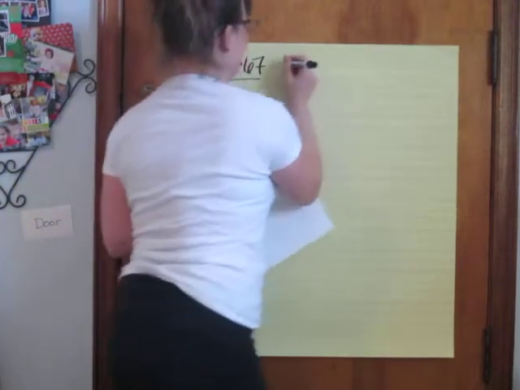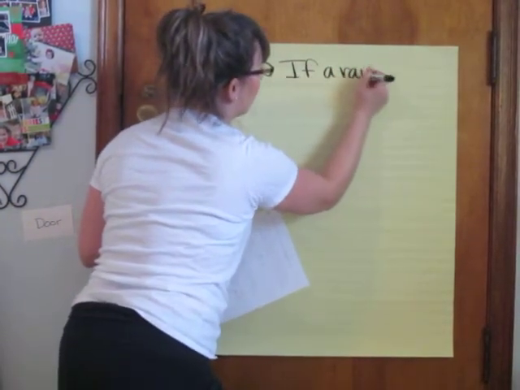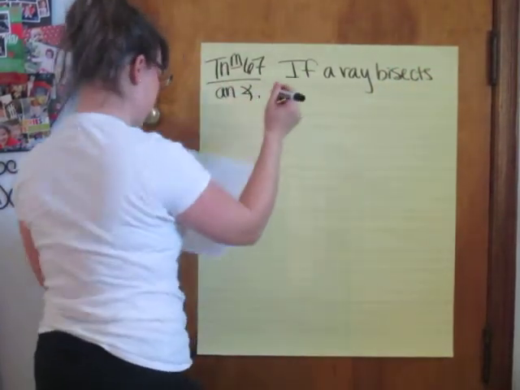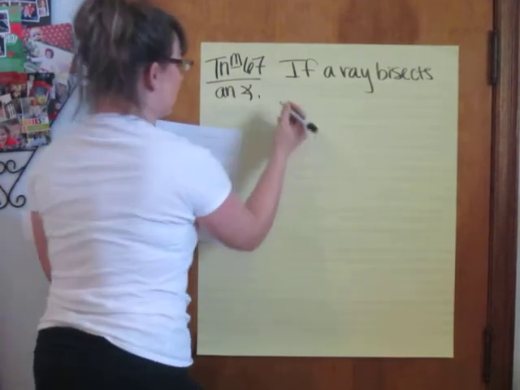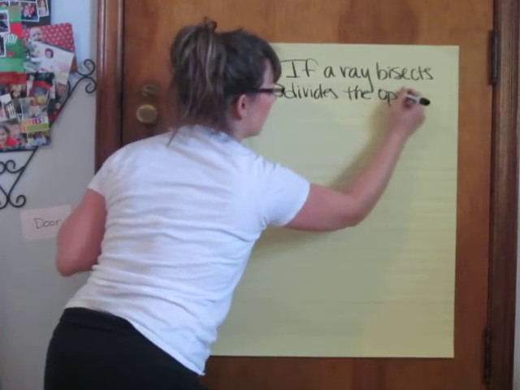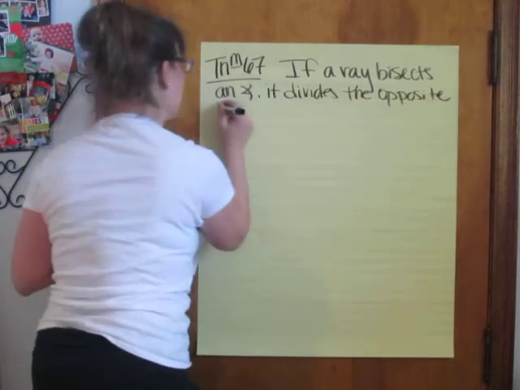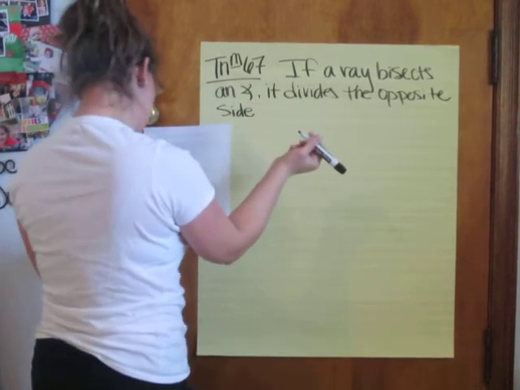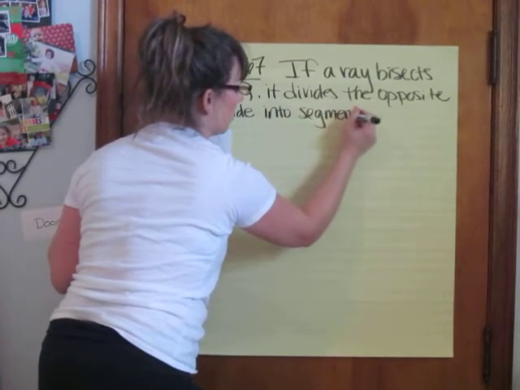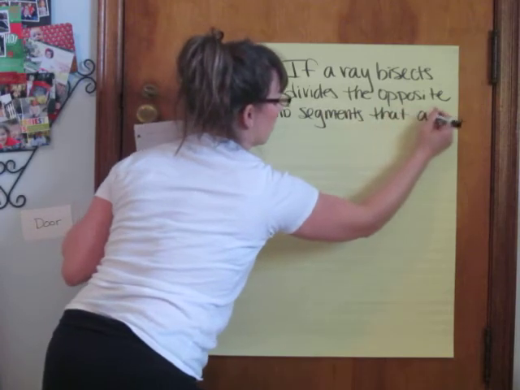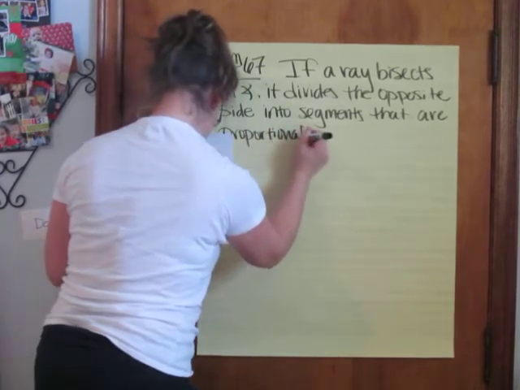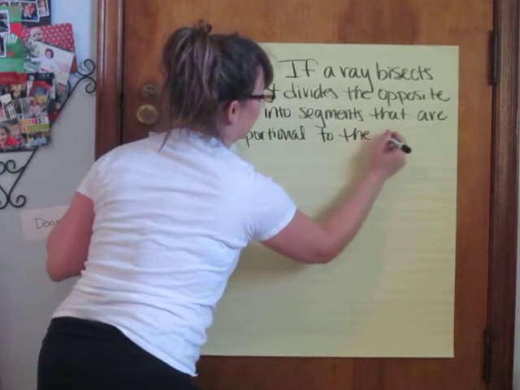If a ray bisects an angle, it divides the opposite side into segments that are proportional to the adjacent sides.